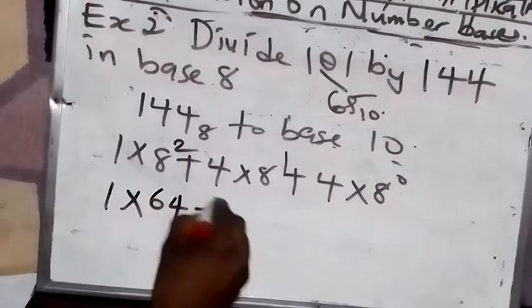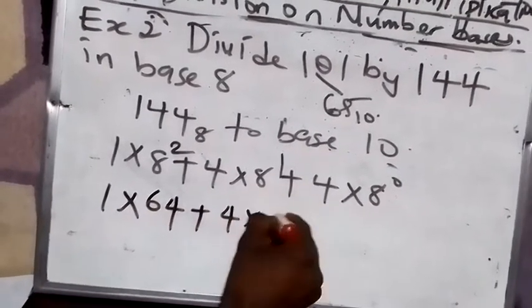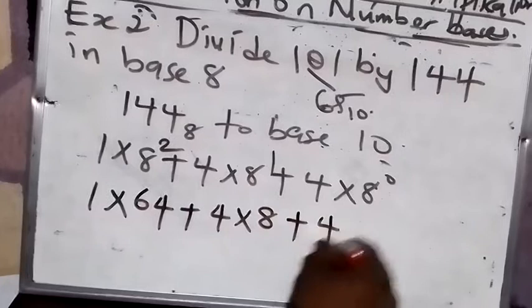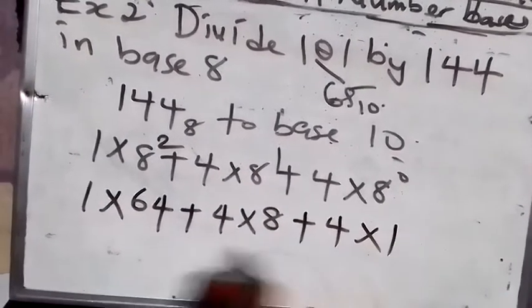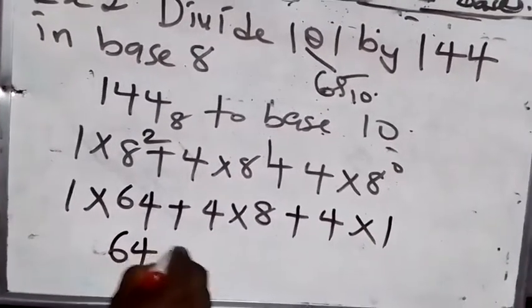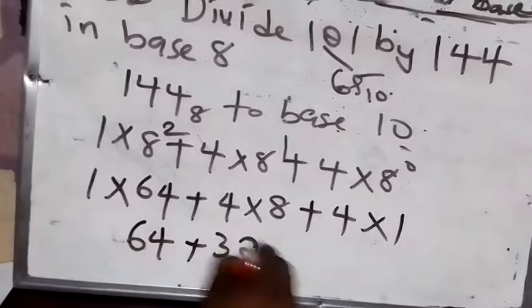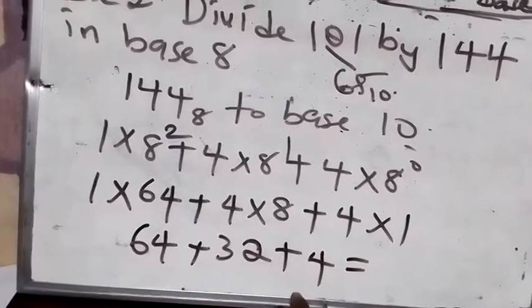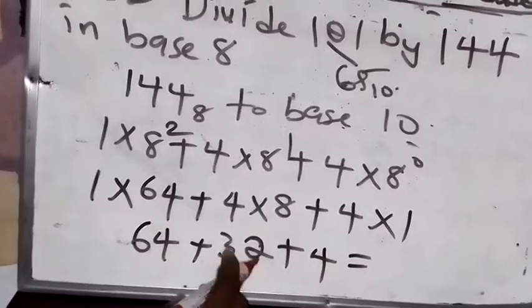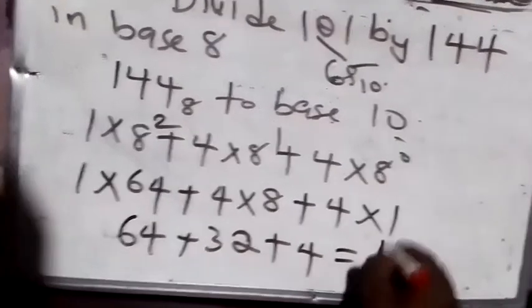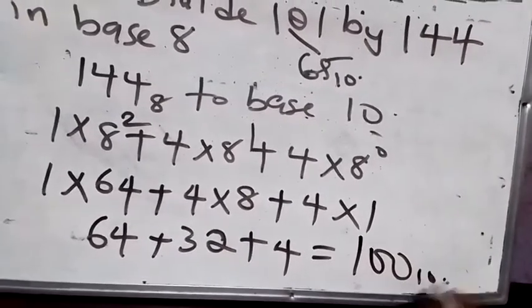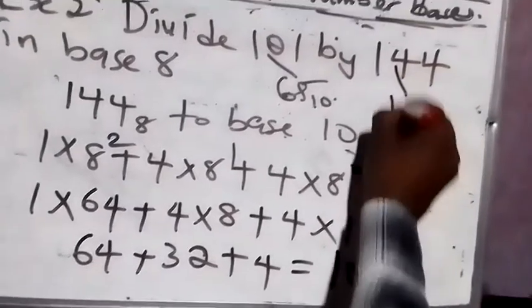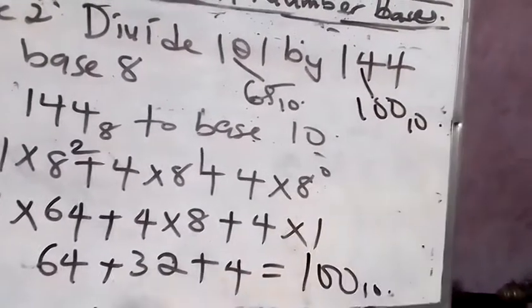Plus 4 times 8 raised to power 1, that is 32. Plus 4 times 8 raised to power 0 is 4. So if you add all of these things together, it's going to give us what? 100 base 10. Don't give me 100, base 10.